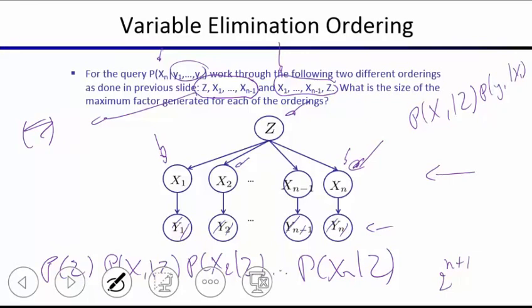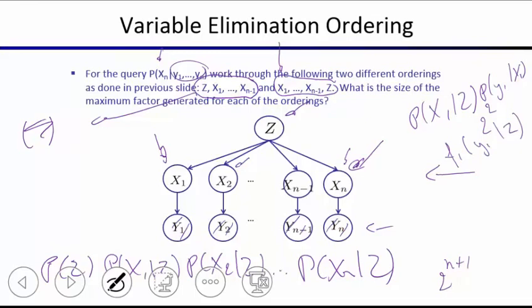So this join involves only two variables, x1 and z, because y1 is fixed. So this will generate a table of size 2 to the 2. After we did the join and summed out over x1, we're left with our first factor, f1, which will be for y1 given z.